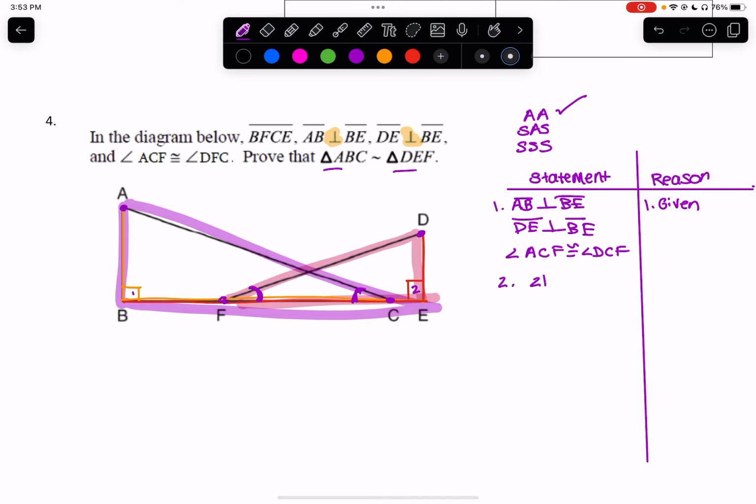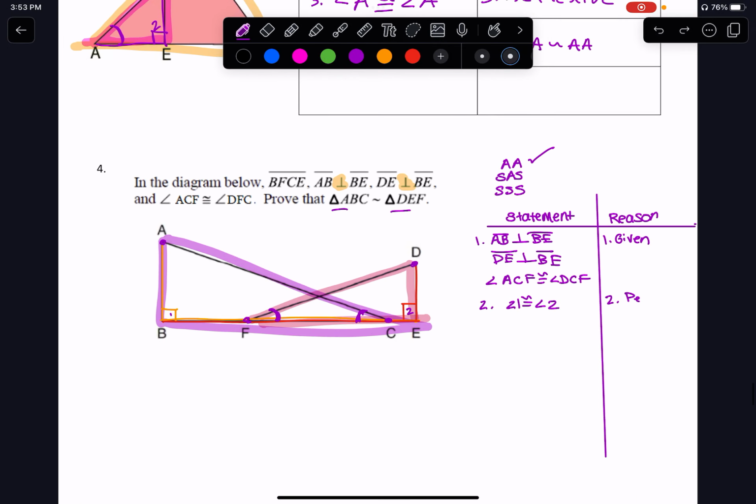So I know that angle 1 is congruent to angle 2. Reason: perpendicular lines form right angles which are congruent.